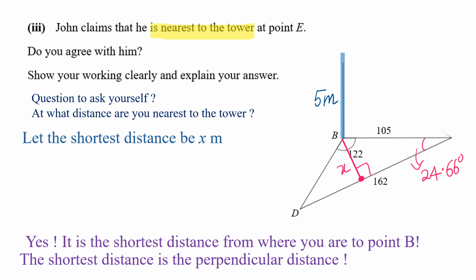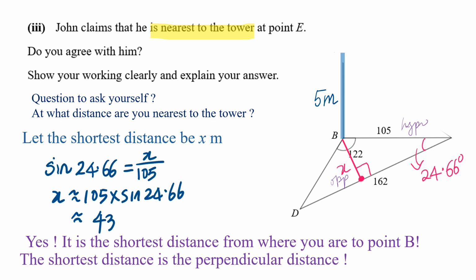So we can apply trigo ratio because this is a right angle triangle we're talking about. So if x represents your opposite side, 105 represents your hypotenuse because it's opposite your 90 degrees. So we can use sine 24.66 equals x over 105, do a cross multiply, and we find that the shortest distance is supposed to be 43.8 meters.